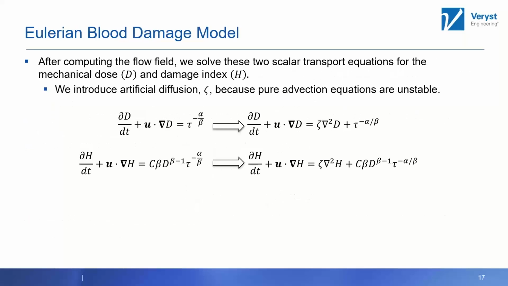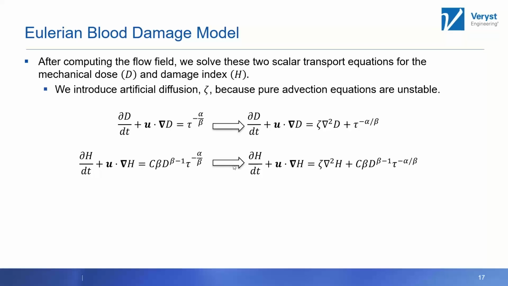The only issue here is that these two equations that we have to solve are pure advection equations which are unstable to solve. So we need to add artificial diffusion to the model to solve it. And this artificial diffusion, of course, should be small so that it will not affect and pollute our solution.